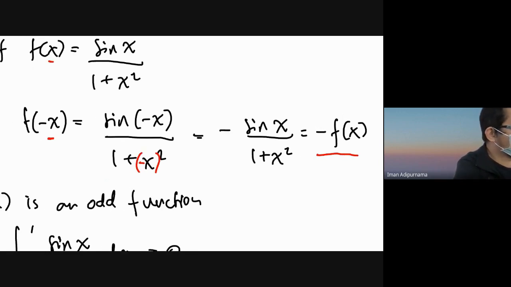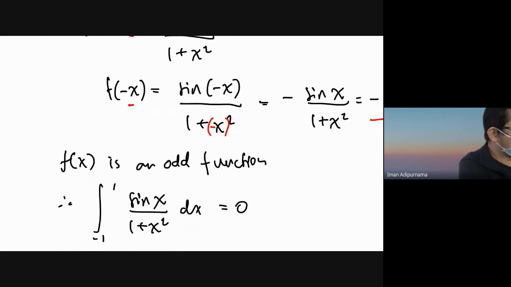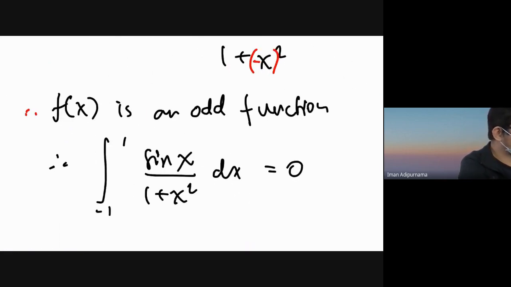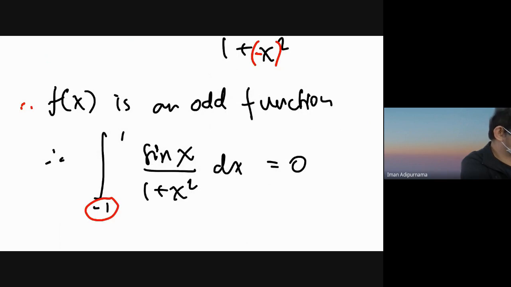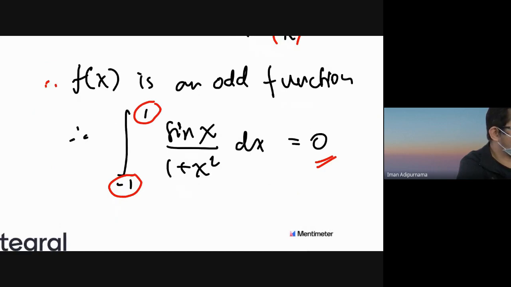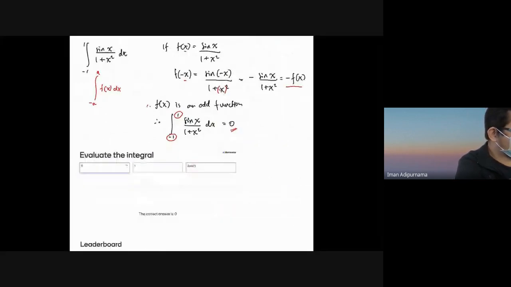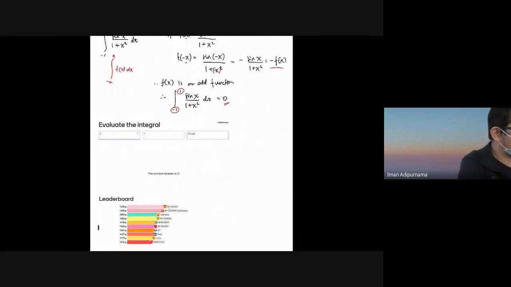It's the negative of its original function, so we can conclude that the function is an odd function. And when we have an odd function with these endpoints, the result will be 0, as we mentioned in the symmetry notes. I think last Friday I also mentioned that. So the answer is 0.